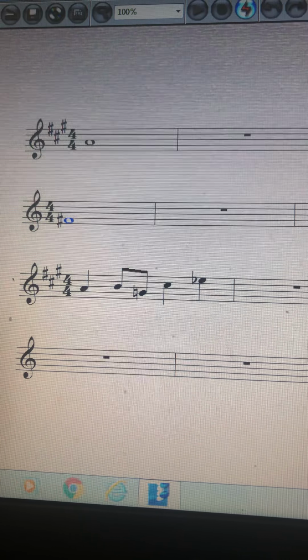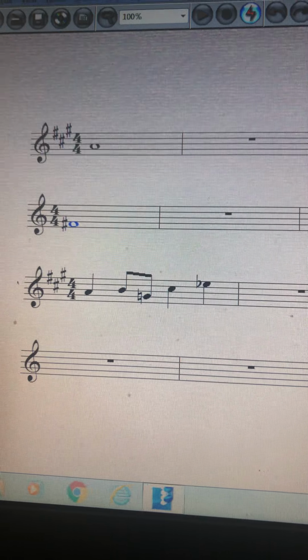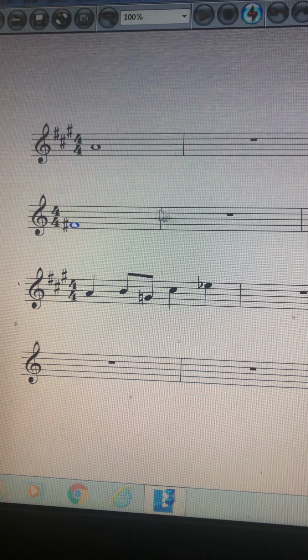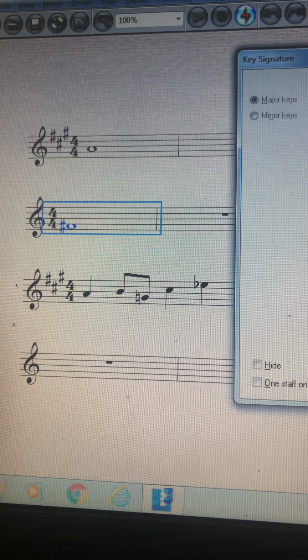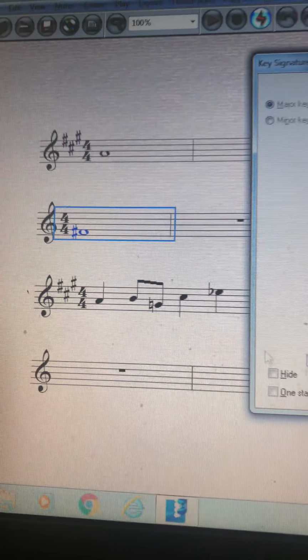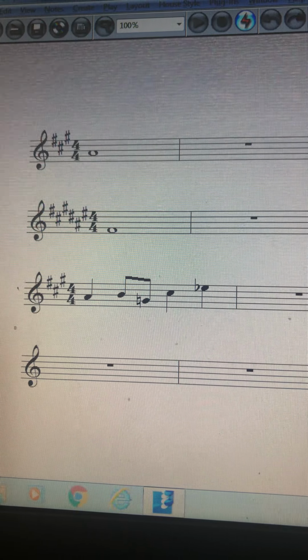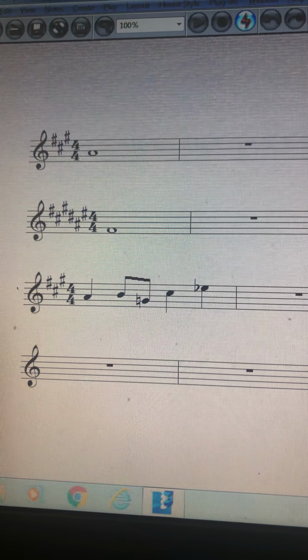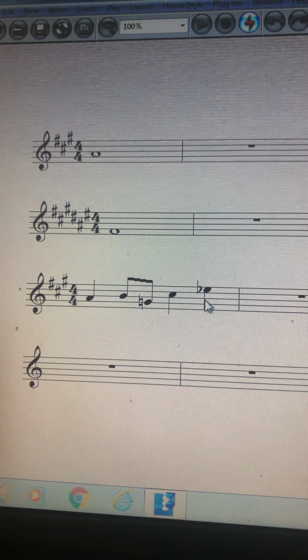Now, if F sharp is a minor third below an A, that then must become my new key signature. So F sharp major becomes my new key signature. Do you understand that? And that is now my new tonic. Okay, so that's all. It's so easy.